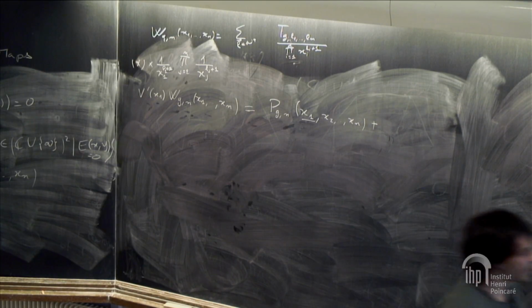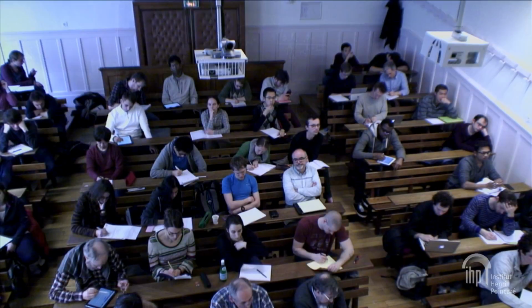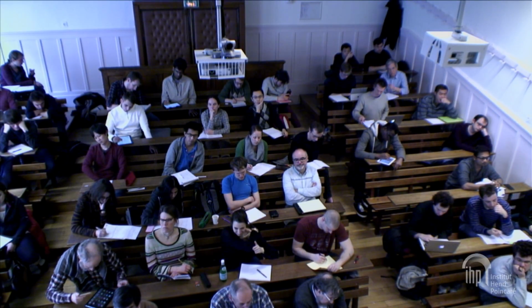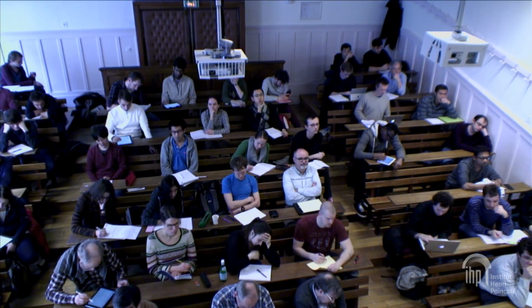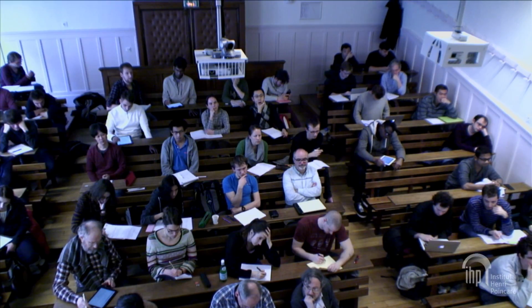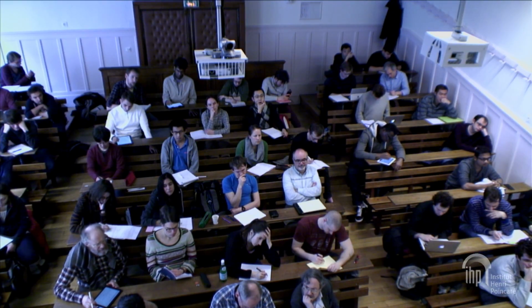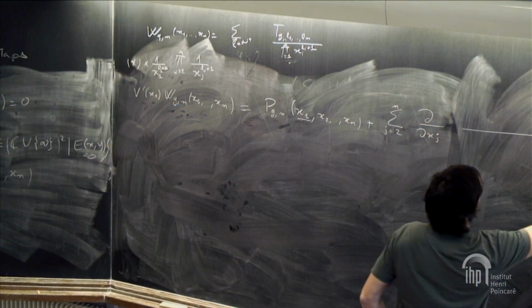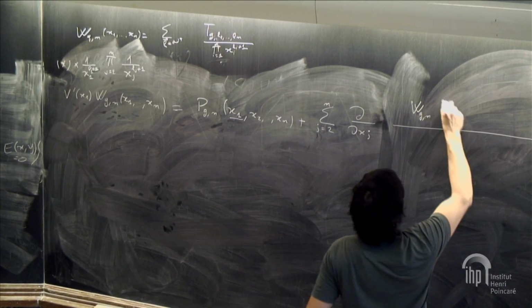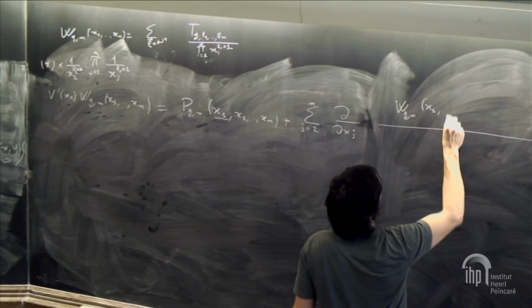And now I've got to translate what these other contributions give me. So the first one is a bit tricky to write down. It's a sum from j equals 2 to n, d over dxj of WGN of x1.